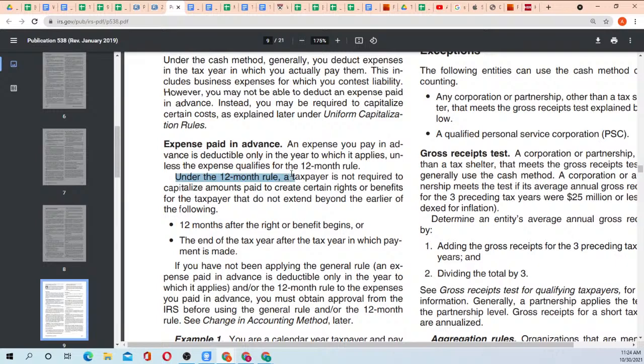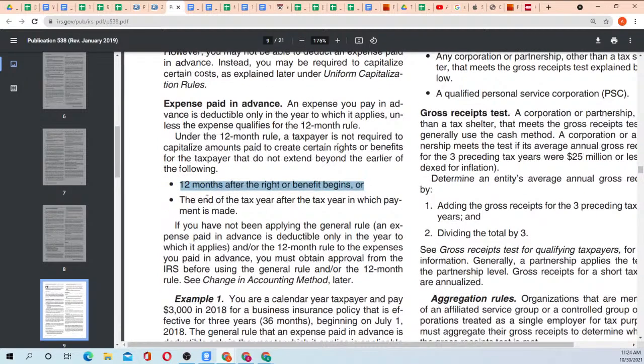Under the 12 months rule, a taxpayer is not required to capitalize the amount paid to create certain rights or benefits for the taxpayer that do not extend beyond the earlier of 12 months after the right or benefit begins, or the end of the tax year after the tax year in which payment is made.